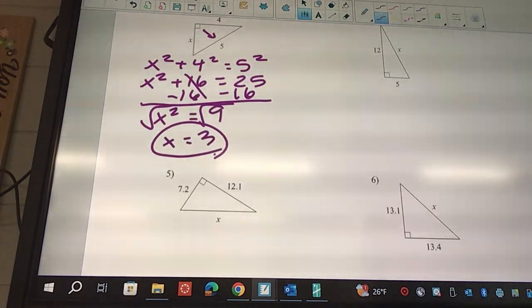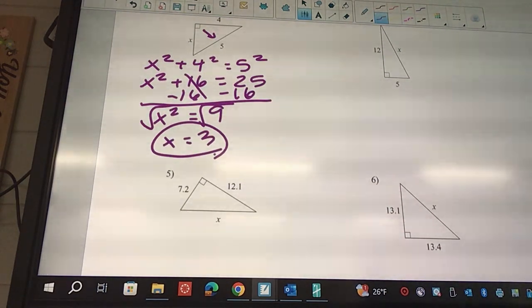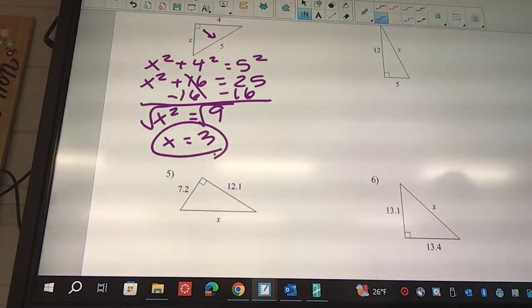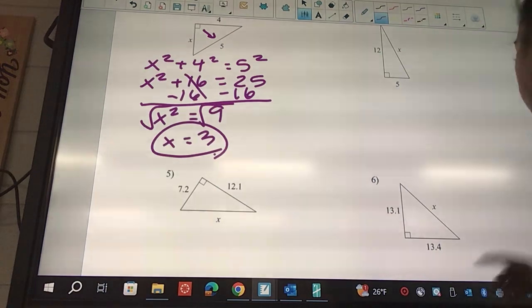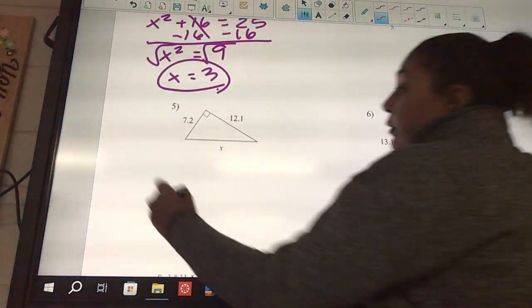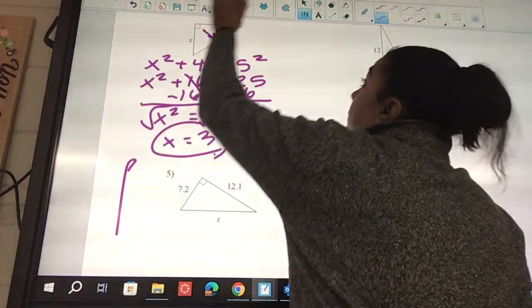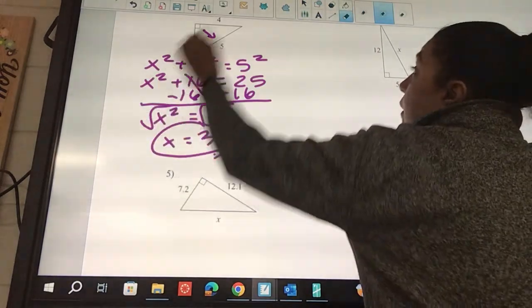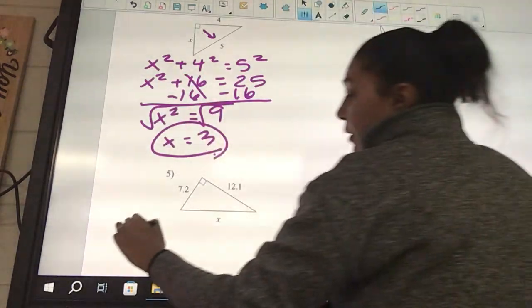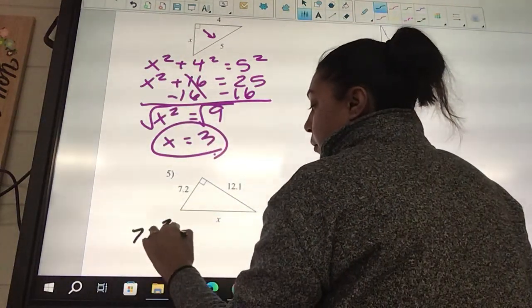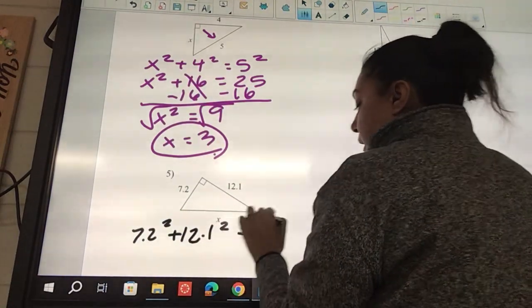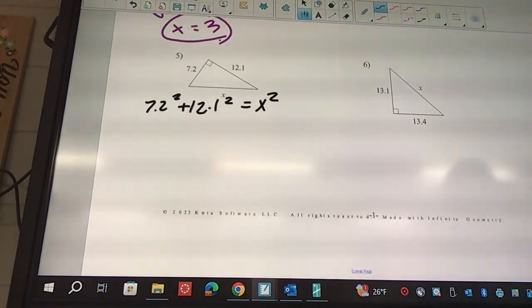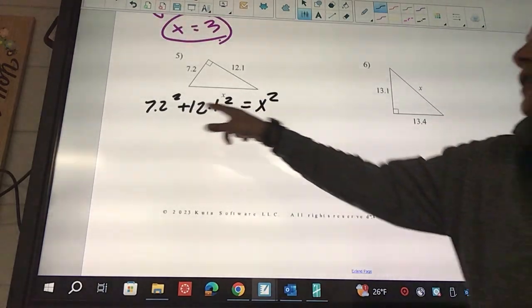Look at number 5. What is my C? Which one's my C? X. So C is going to be the x. So we're going to say 7.2 squared plus 12.1 squared equals x squared. In this case, you guys can type the whole thing on your calculator.